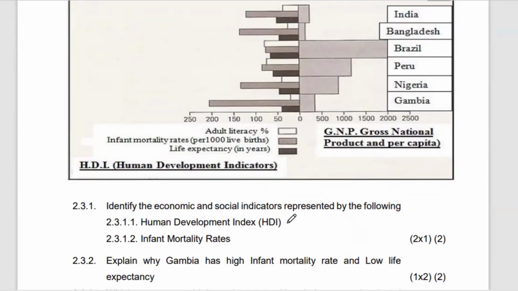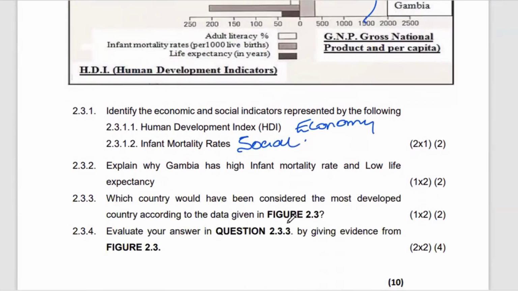Human Development Index, okay. Social indicator there is economy, infant mortality rate, that is the social. Okay, explain why Gambia has high mortality rate and low life expectancy.